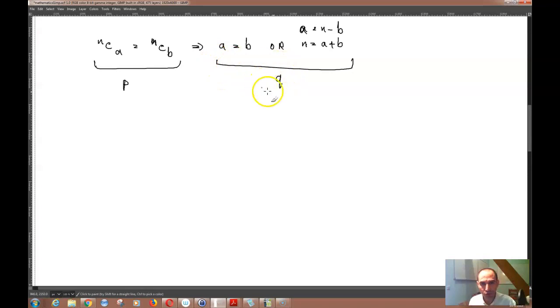If Q is false and P is false, then P then Q is going to be true.